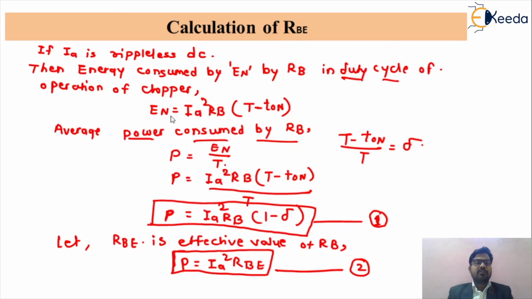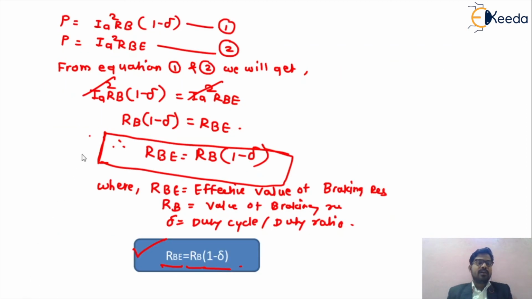From that we get the power consumption of the braking resistors. After that we want to calculate the effective value of the braking power. This is power number first, this is power number second. From equations first and second we get the effective value of the braking resistor. Okay, so this will be the required solution of your dynamic braking.